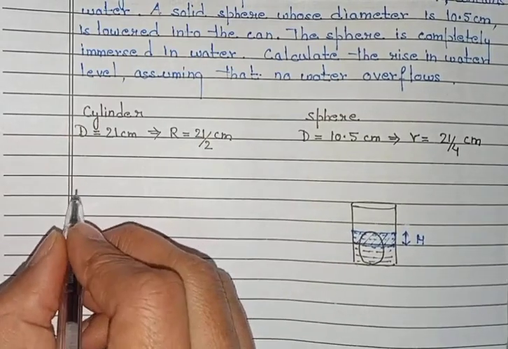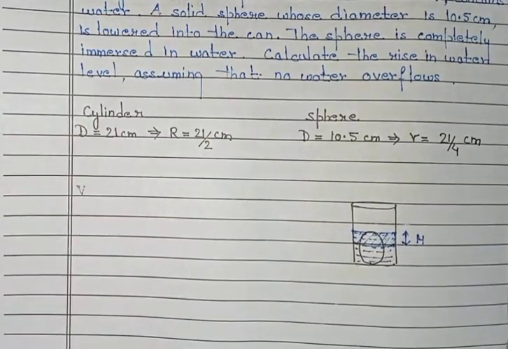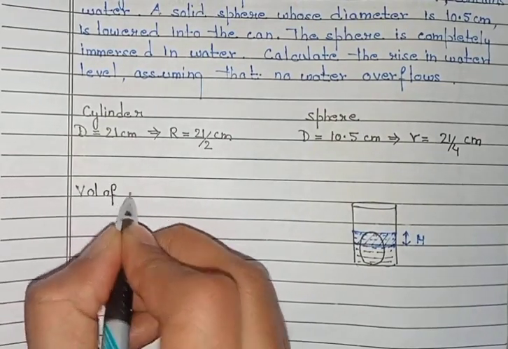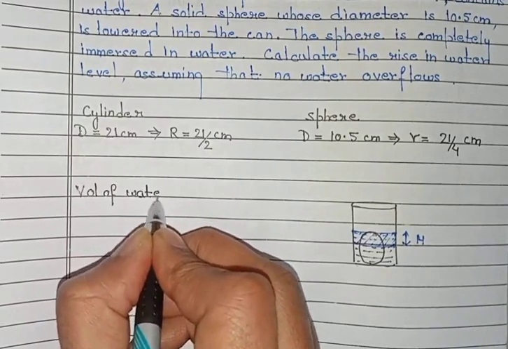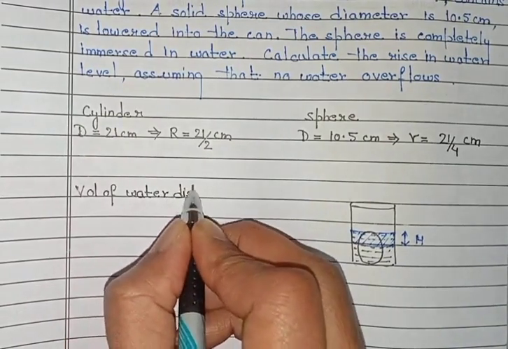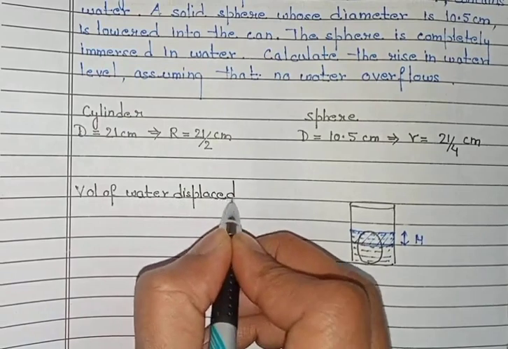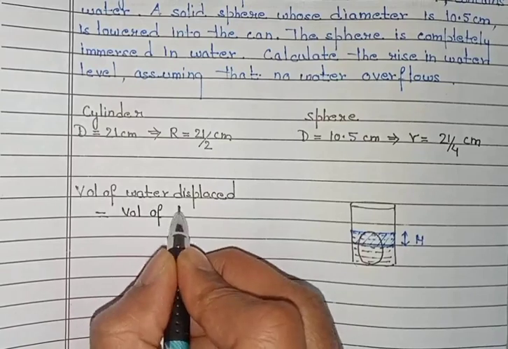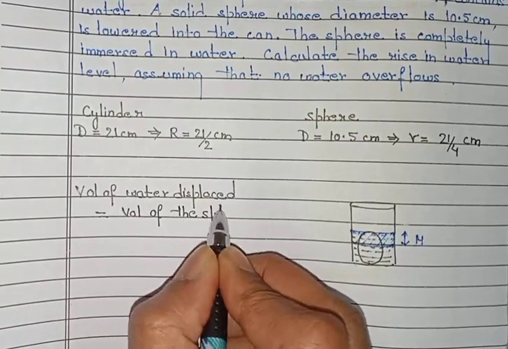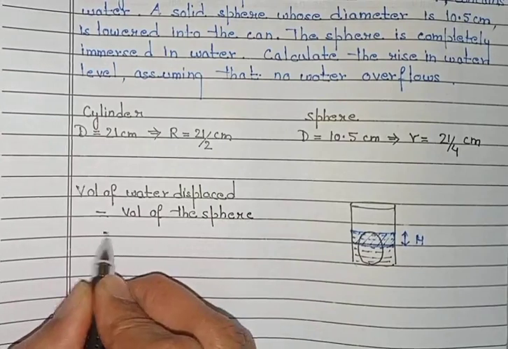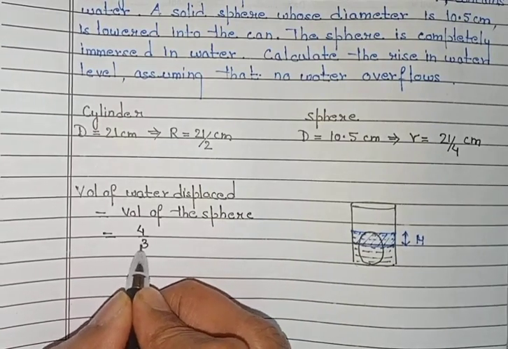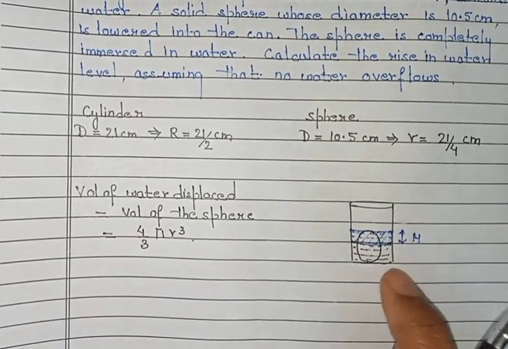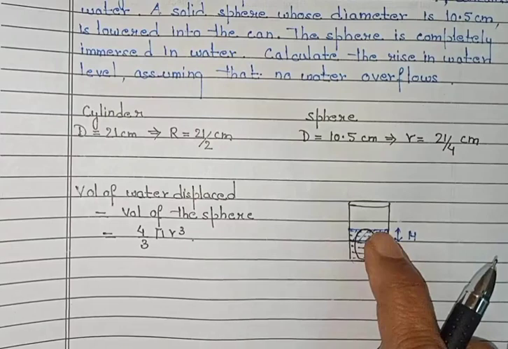So you can say volume of water displaced is equal to volume of the sphere, and volume of the sphere will be 4 by 3 pi r cube. Okay, now we have got the volume of water displaced.